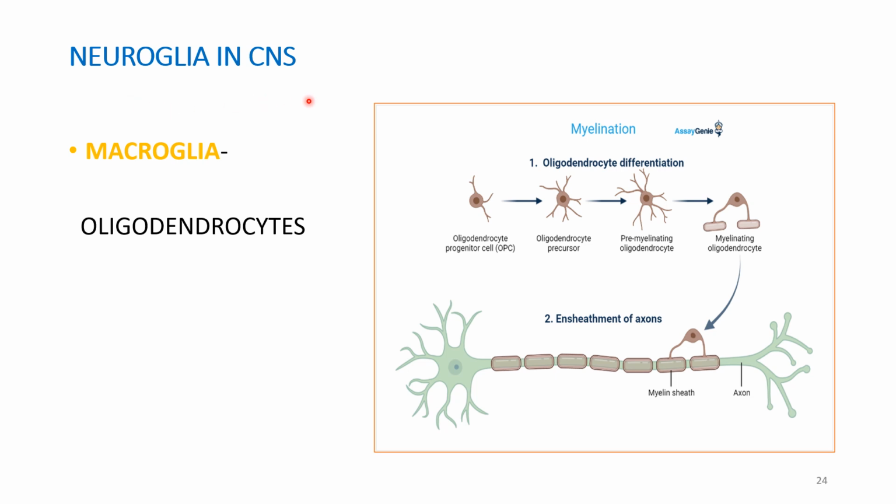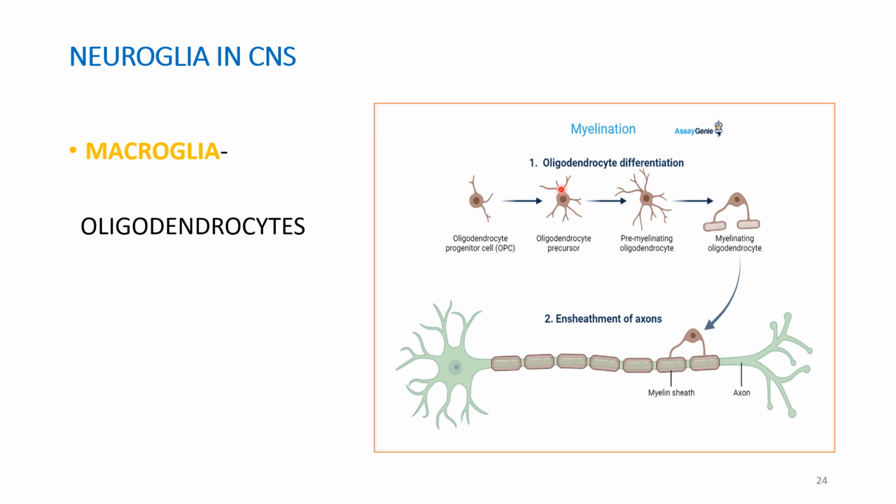Neuroglia in the central nervous system can be classified as macroglia and microglia. Macroglia are further classified into oligodendrocytes and astrocytes. You already know that oligodendrocytes form myelination in the central nervous system.